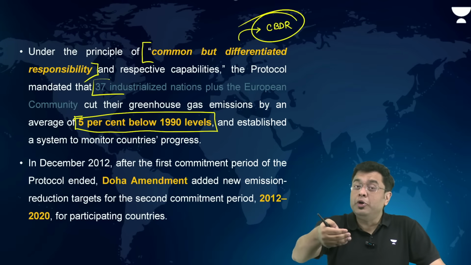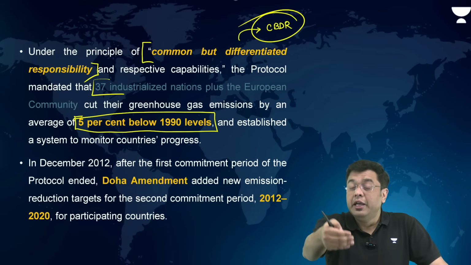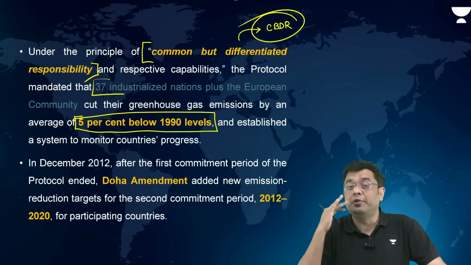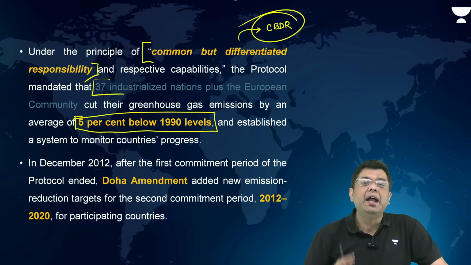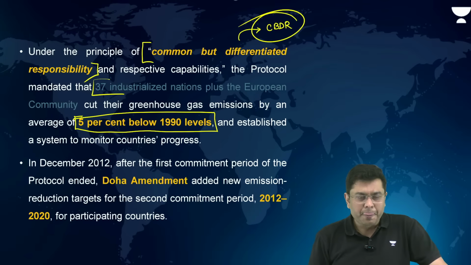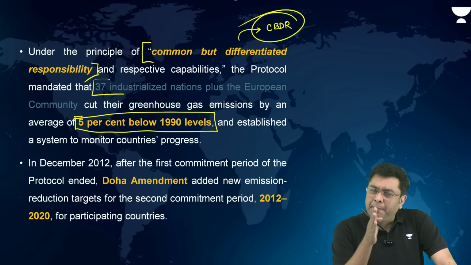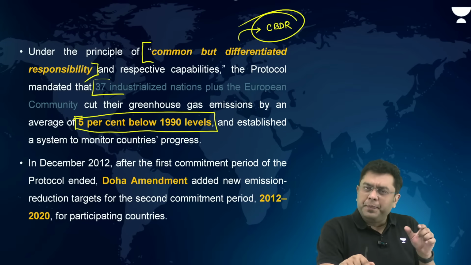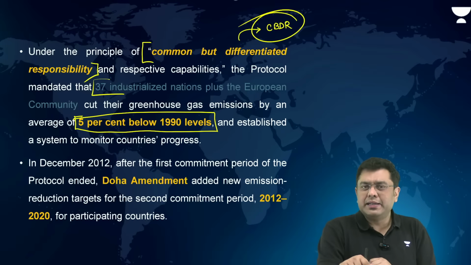So this came into force when? 2005. So that automatically talked about going back 15 years in terms of the emissions that you were carrying out and reducing the level of emission. Then the planned period of implementation of the Kyoto Protocol would be from 2008 to around 2012-13.